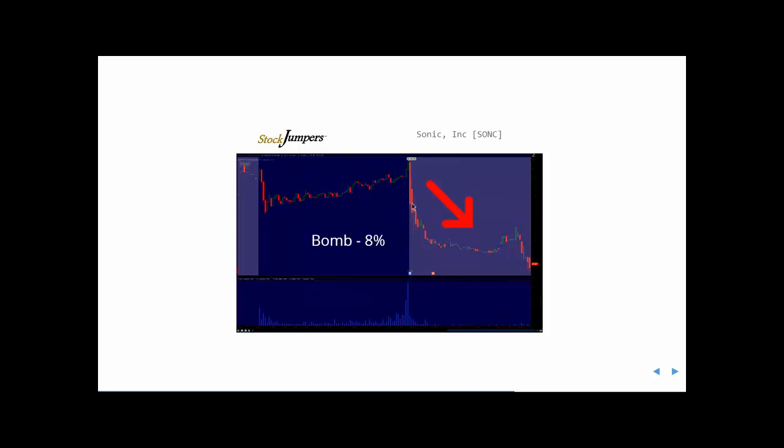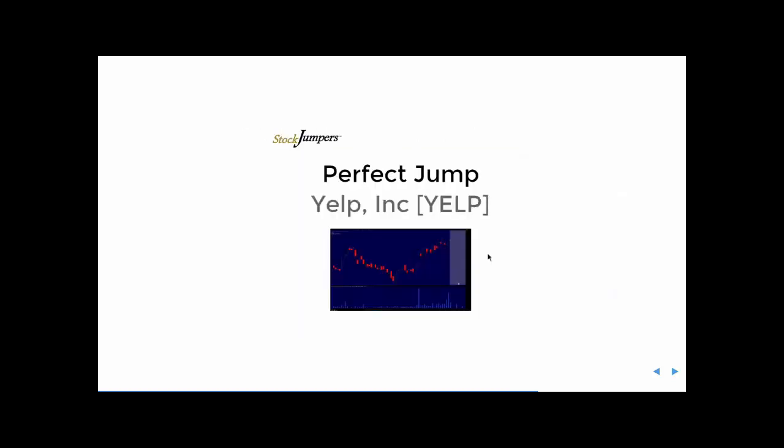So a good example of showing that if you had a stop, it would have been triggered, and it also shows the inverse effect that was a great jump. So these are ones we don't like, but at least you had an ability to get out. Still, I mean, dang, leaving 8% on the table is not fun.